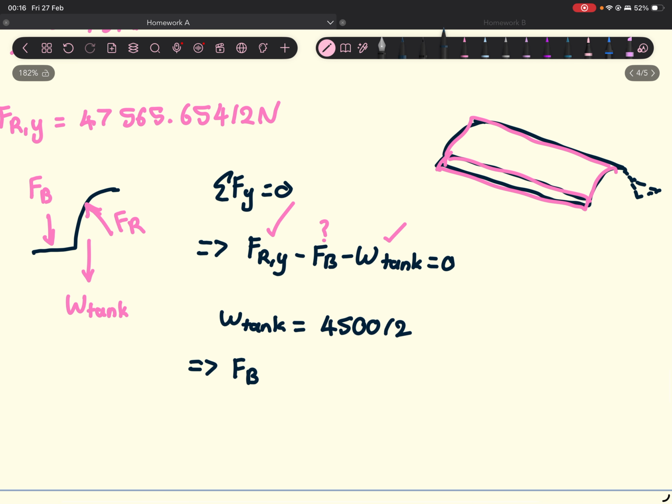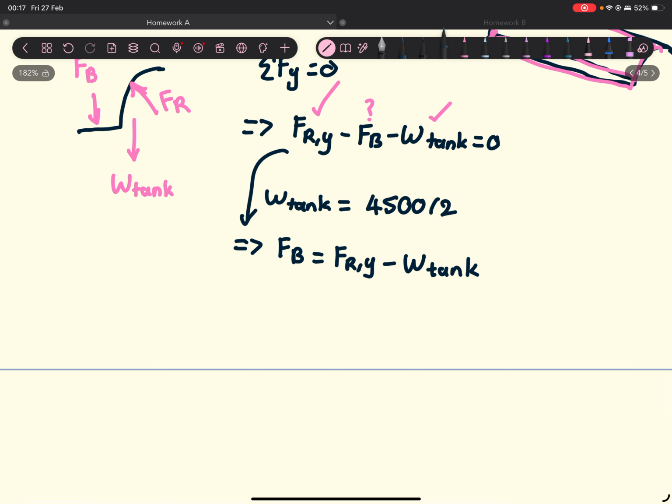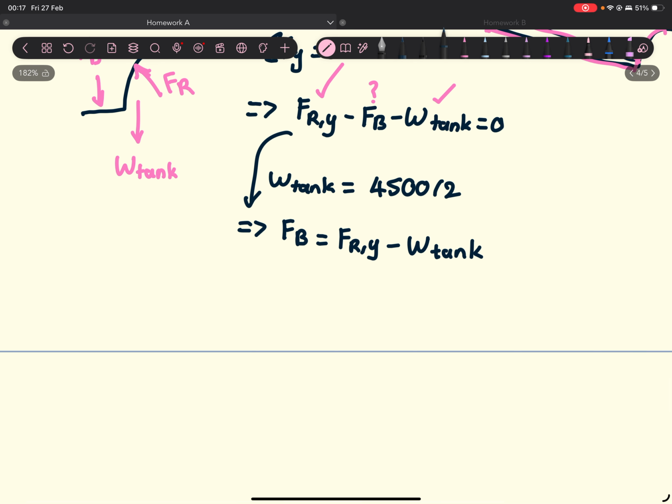Okay, so we can rewrite this equation over here. So the force of the bolt will be equal to FRY minus W of the tank. Cool.